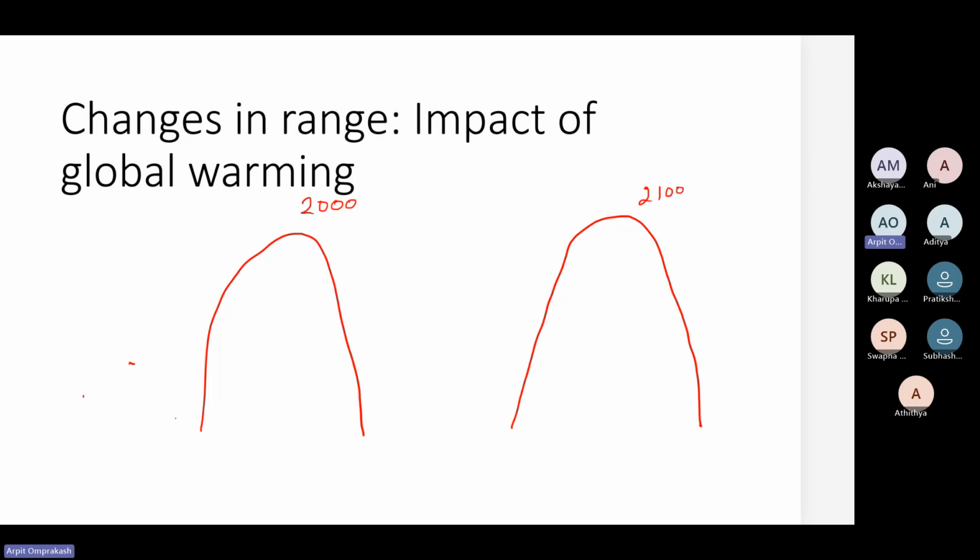As we go up, the elevation is the same as it was before. Let's say this is 5,000 meters, 4,000 meters, 3,000, 2,000, and 1,000 meters.